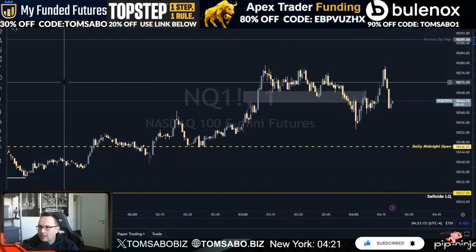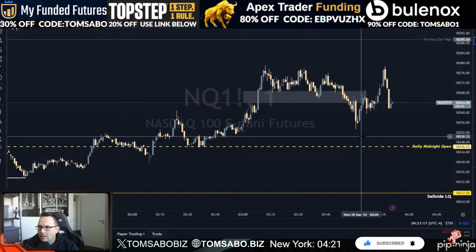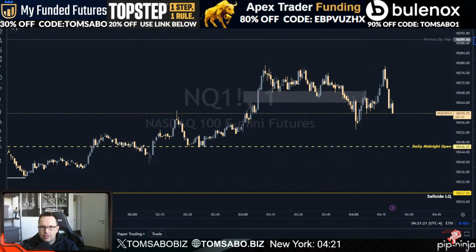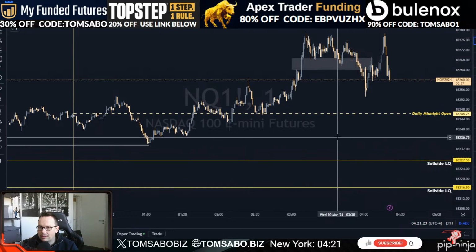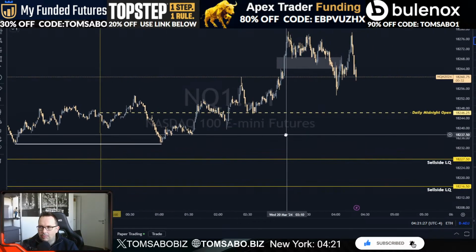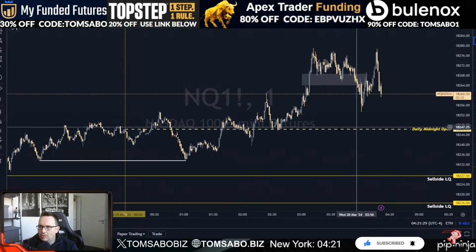So I wonder, why did this spike happen? Or is this just going to continue lower? Because if it is, then we could be heading down to make some new lows.